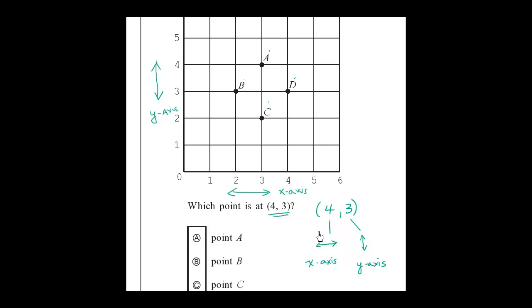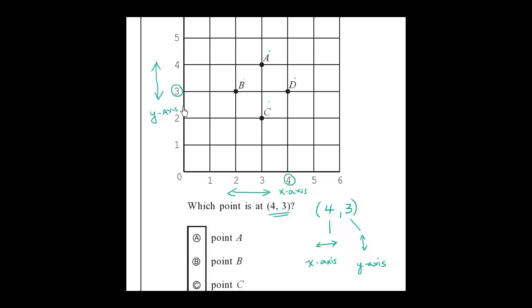Well, the first number is on the x-axis going left and right. So we'll go to that point. That's 0, 1, 2, 3, 4. So we're here. And the second number, 3, is the one that's going on the y-axis up and down. And so we'll go to here. We'll go 0, 1, 2, 3.